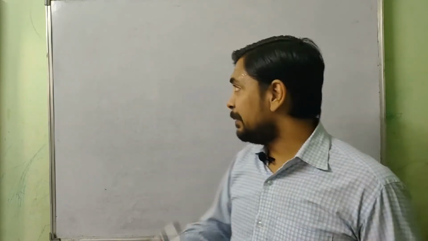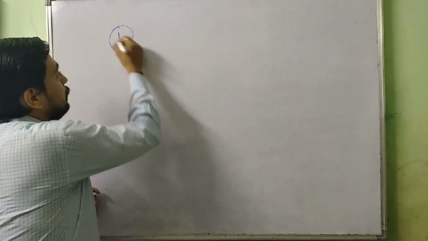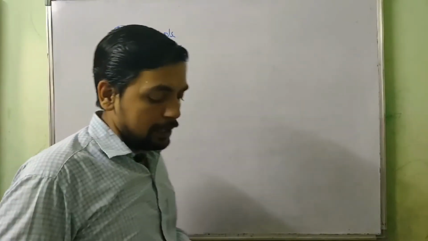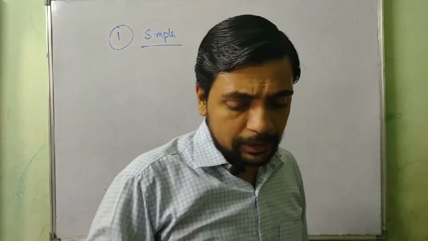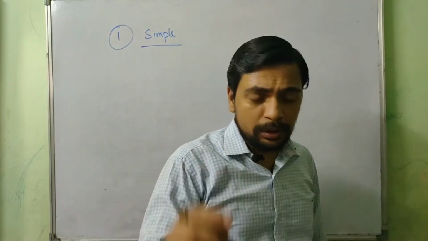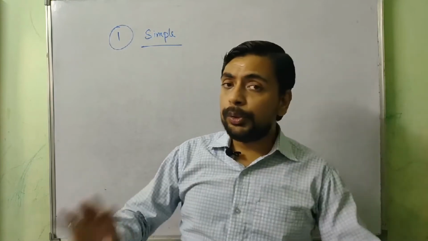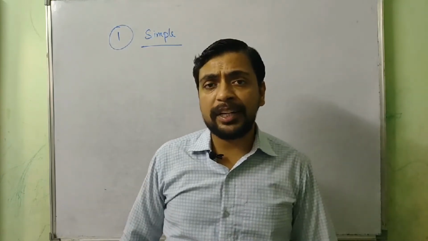Okay, so let's get back to the topic. Java is simple. Now I will tell you why Java is simple. Now you know Java is an object-oriented programming language, right?